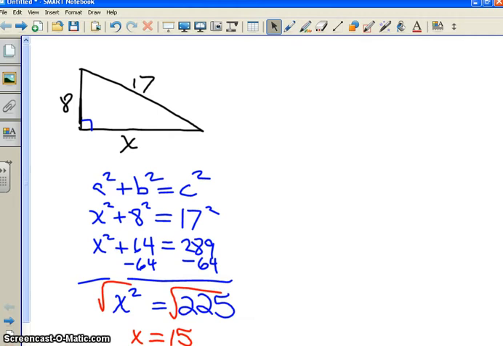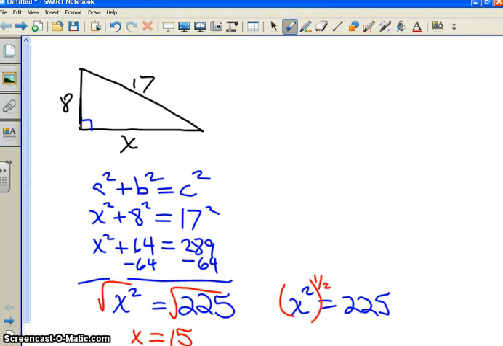Now at the end of this problem is where I want to interject our rules of exponents. When we get down to x squared equals 225, and you all said take the square root to get rid of the square, remember, square rooting something is the same as doing what exponent? A 1/2 exponent. So watch, instead of doing the square root of x squared, I'm going to do x squared to the 1/2 exponent.